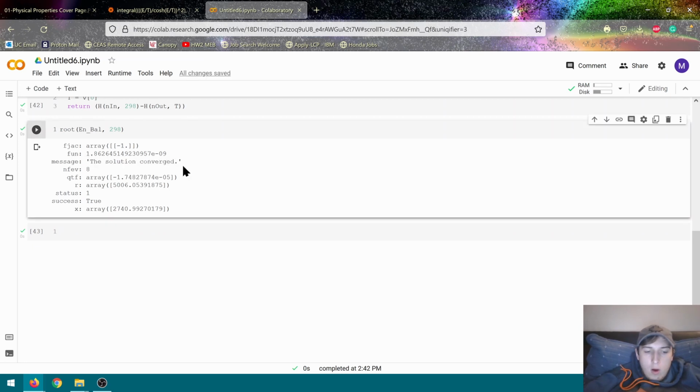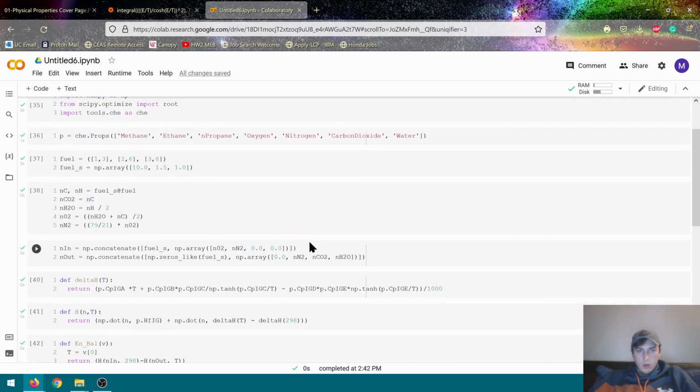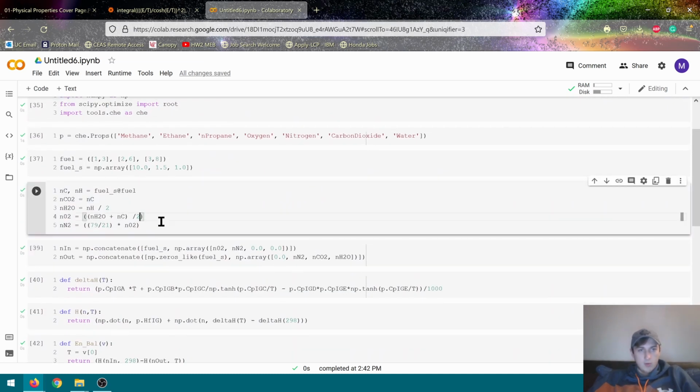So we are good. Next, I realized with the help of my professor that this is not correctly set up and actually needs to be included in here inside of the parentheses.